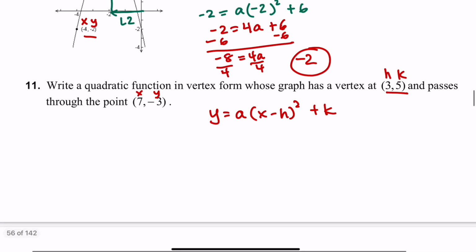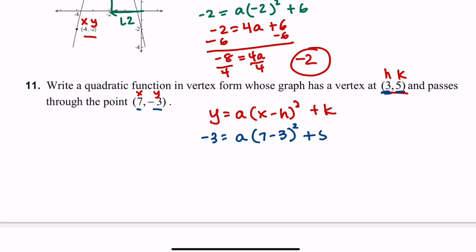So in for our y value, we're going to put in -3. We don't know what our a value is. Our x value is going to be 7 minus our h value, which is 3. Notice the sign just changed from a +3 here to a -3. We have a squared and then plus k, which is 5. The sign does not change on this number.